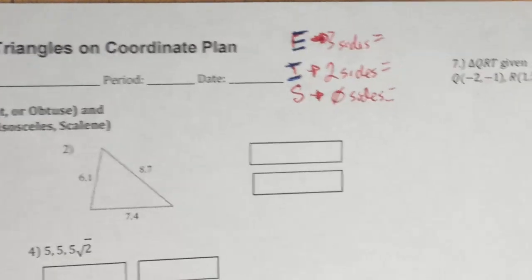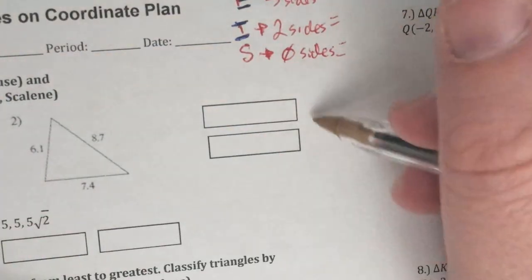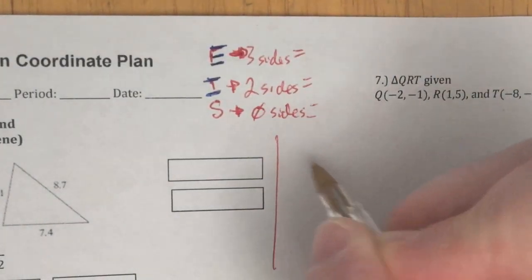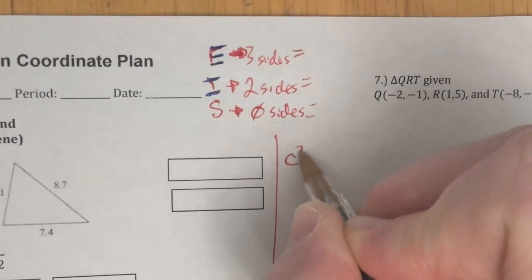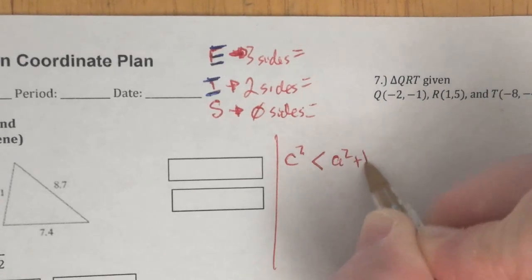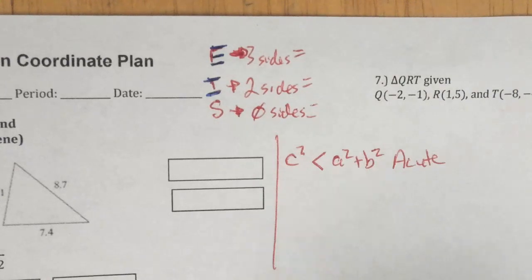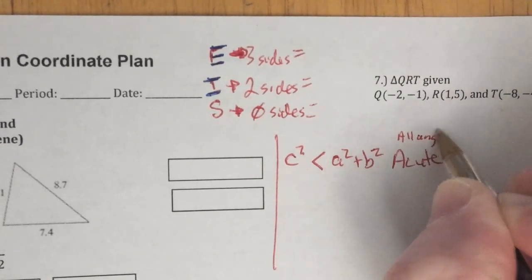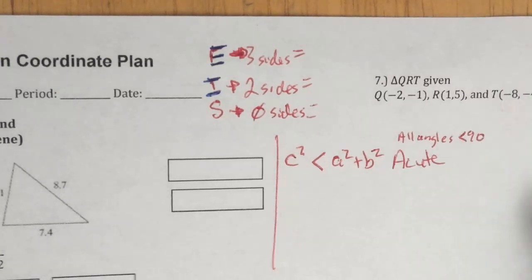And that's for scalene. Now for acute, right, and obtuse, here are the rules. Do you remember a squared plus b squared equals c squared? Well, put the c in the front. If c squared is less than a squared plus b squared, it is acute, so all angles are less than 90.